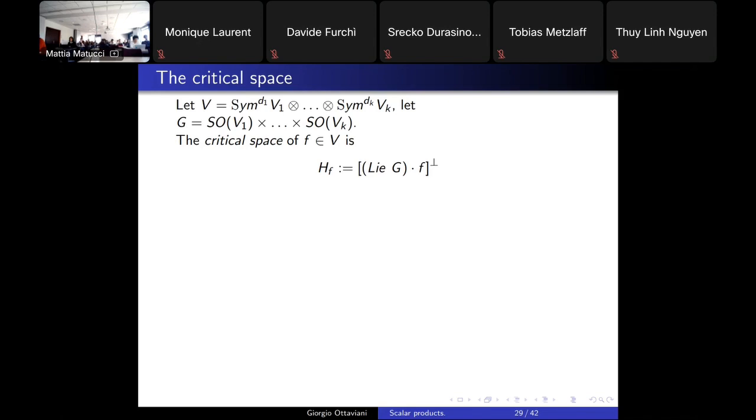You have F as a tensor. You have the orbit GF, and you take the tangent of this, and now the normal. This is called HF.